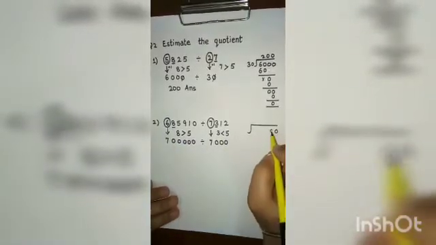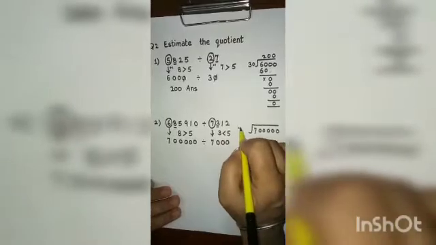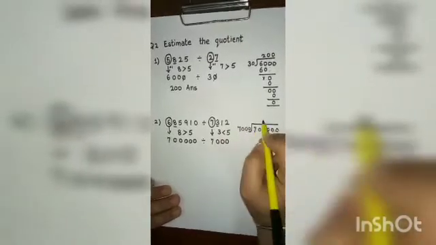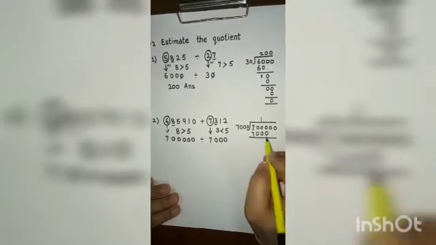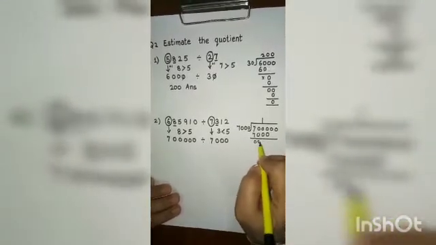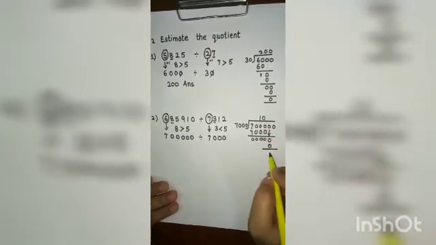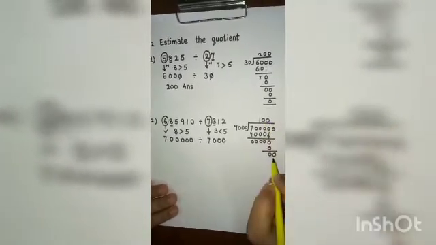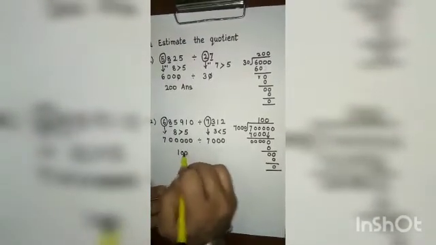So when you are writing, be careful about the number of zeros. And over here it is 7000. So 7000 ones are 7000, and then you are getting 0 over here. This 0, 0, and the last 0 is 0. So the answer that you are going to get over here is 100.